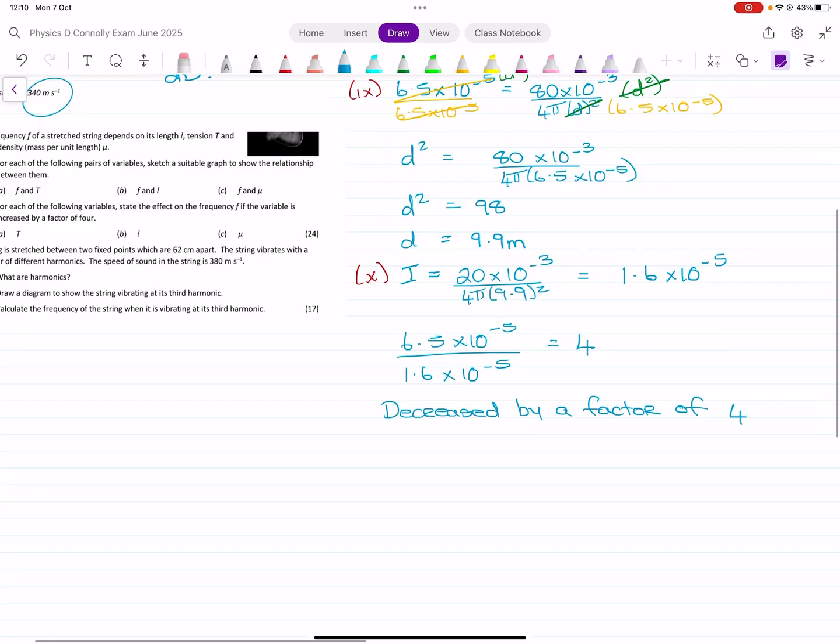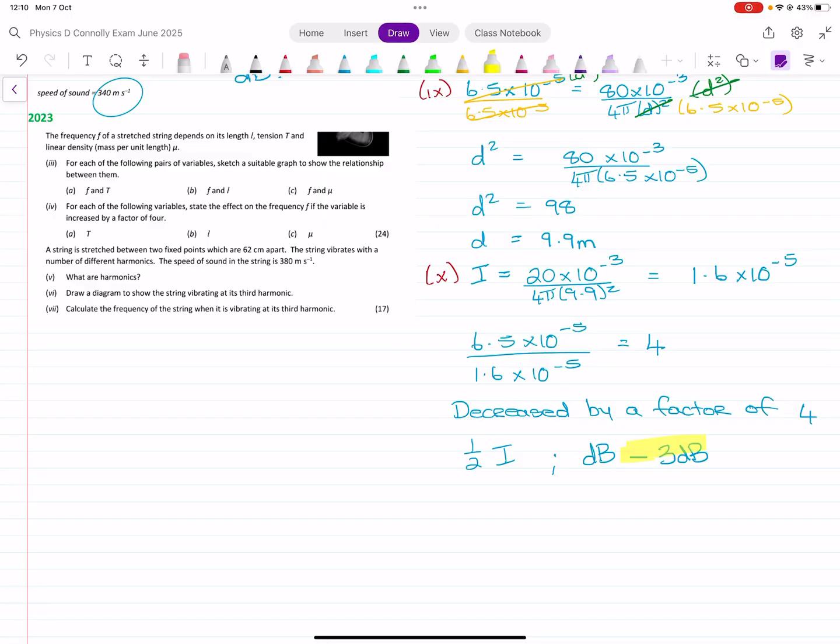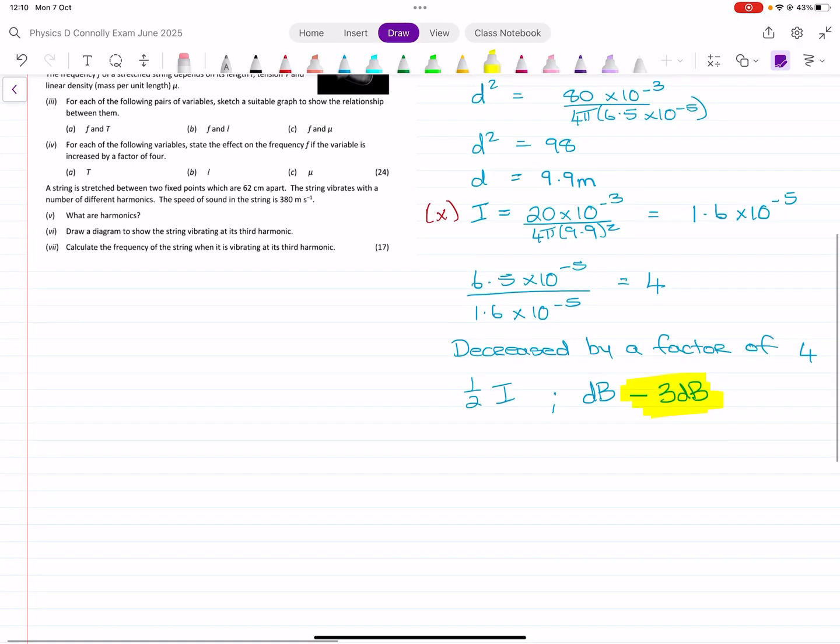Now, when you half the sound intensity, the sound intensity levels decrease by 3 decibels. So if you're decreasing something by a factor of 4, you're halving it and halving it again. When you half it the first time, the sound intensity level goes down by 3 decibels. When you half it the second time, it goes down by another 3 decibels.